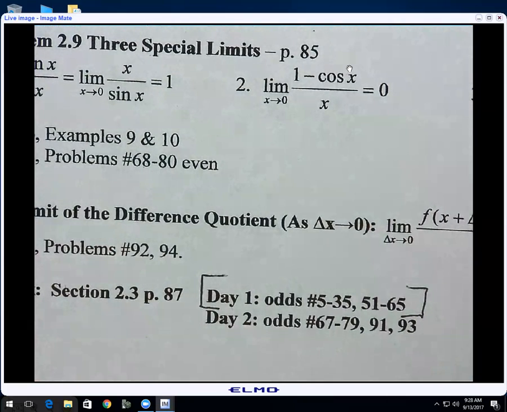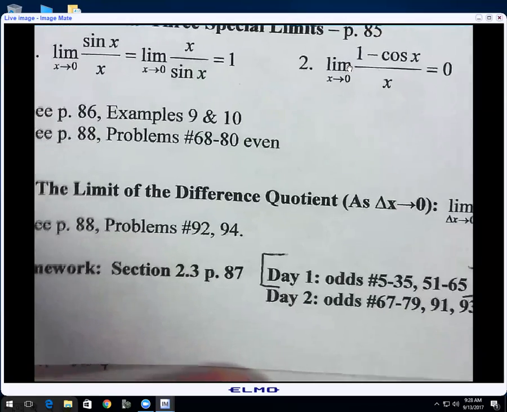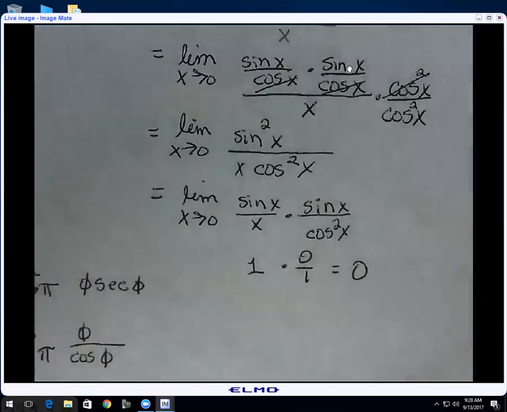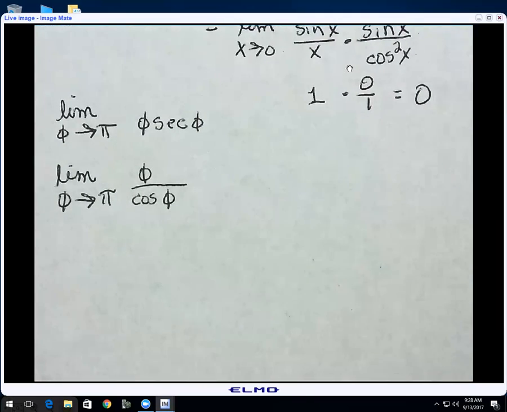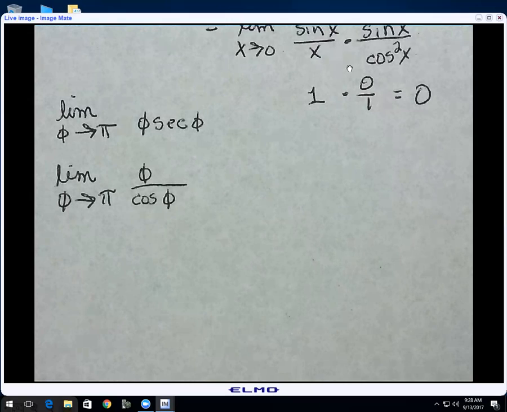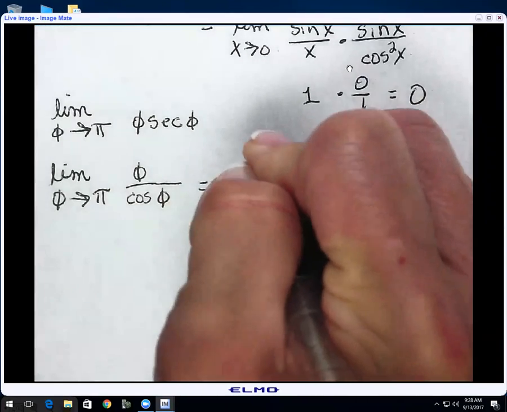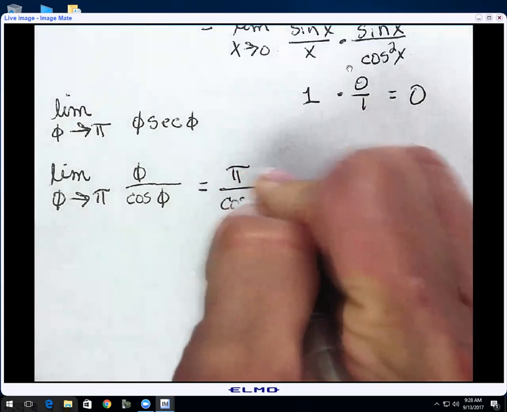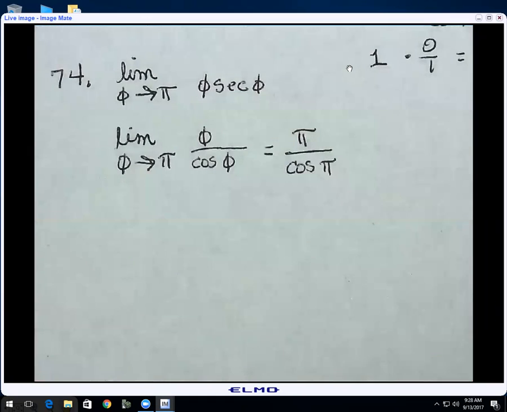You don't need a special limit because that can be evaluated by direct substitution. Cosine of pi is not 0. That's pi over cosine pi, just putting pi in place of phi.